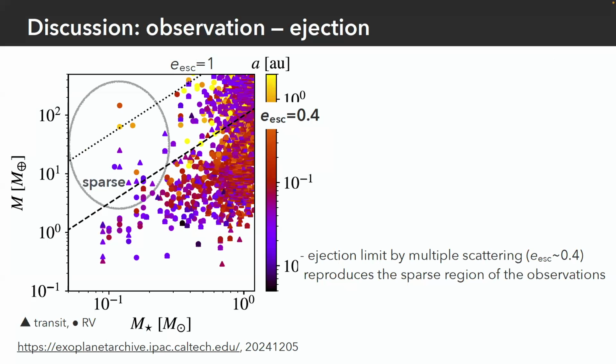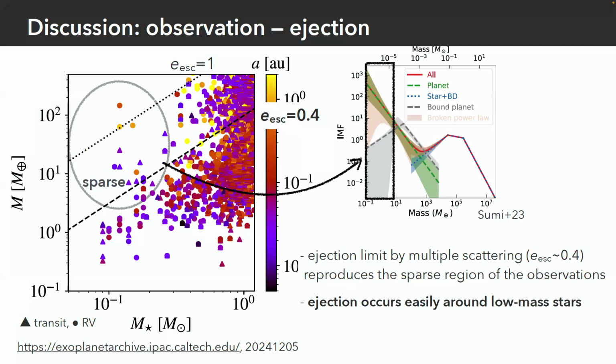This can reproduce this sparse region. The ejection limit would occur in this region through multiple scattering events, and this can reproduce the sparse region well. If scattering around this region occurs, so that planets of these masses or lower masses are scattered, then I think it will contribute to these masses.